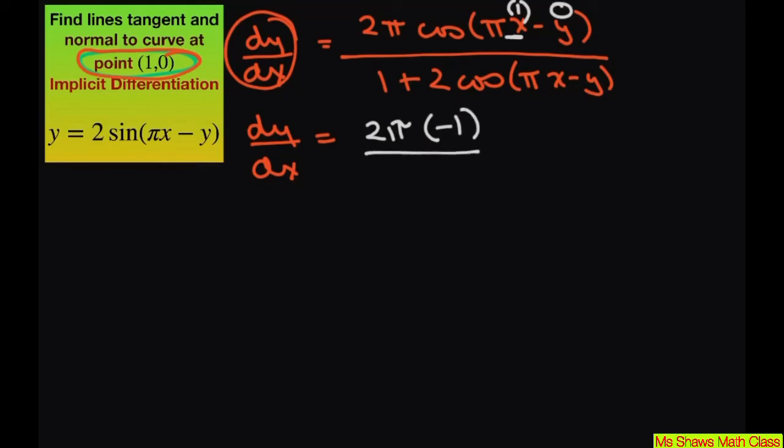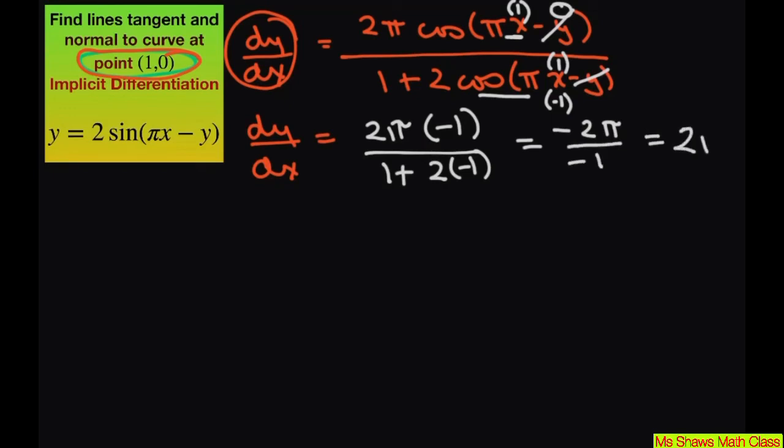And then the denominator is going to be 1 plus 2, and then we have, this is negative 1 again. So basically, you plug in 1, so cosine of pi is negative 1, and the y's are just zeros. So this simplifies to negative 2 pi divided by negative 1. So our slope is 2 pi, and that is for the tangent line.